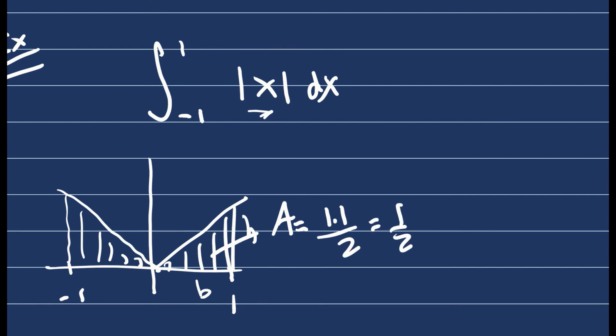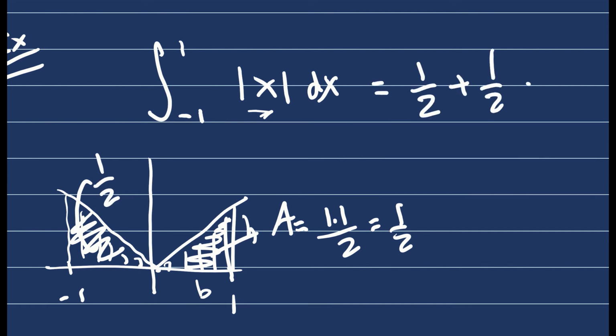Well, if this is a triangle of area 1/2, what happens on the other side? On the other side, we also have the same area, the same value, even though it's on the other side. So this is also 1/2. So what is this integral? It's 1/2 plus 1/2, which is 1. Algebraically, it would have been written like this. This is nice, pay attention. This is how you're going to have to rewrite them.